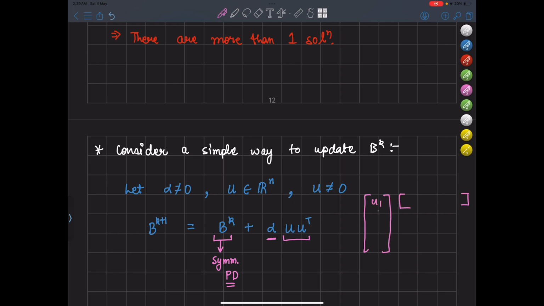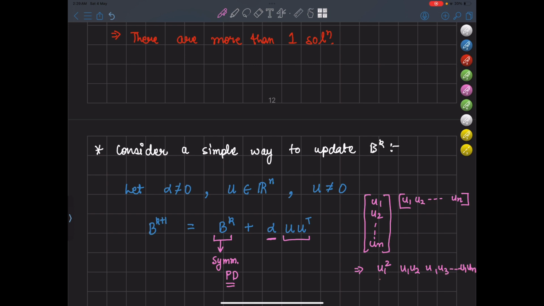Okay, u1 u2 ... un, and u1 u2 ... un. So this is u transpose. What is this equal to? u1 square, u1 u2, u1 u3 and so on, u1 un.